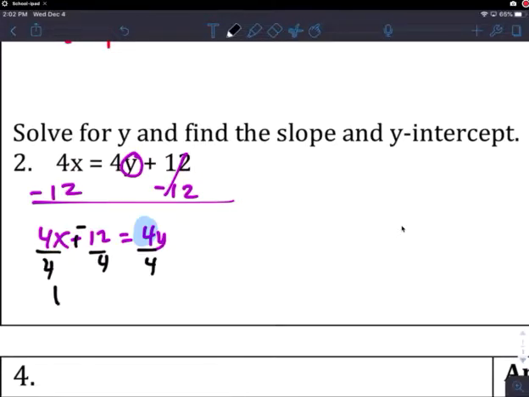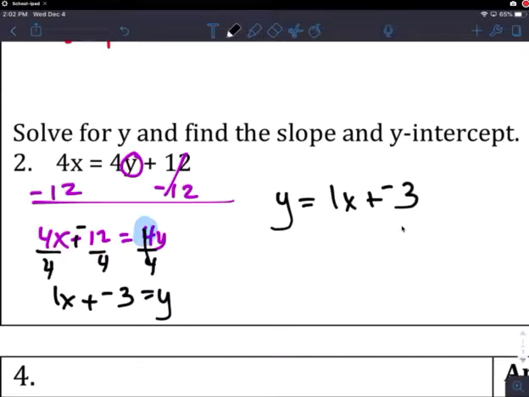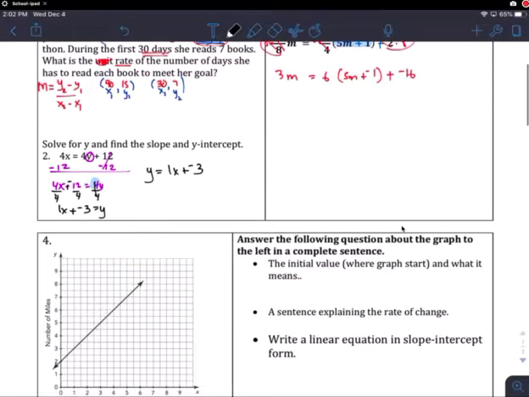And this is 1x plus a negative 3 equals y. So y in slope-intercept form is y equals 1x, the slope, and the intercept is negative 3, plus a negative 3. Okay, that's important, and we did this in class.